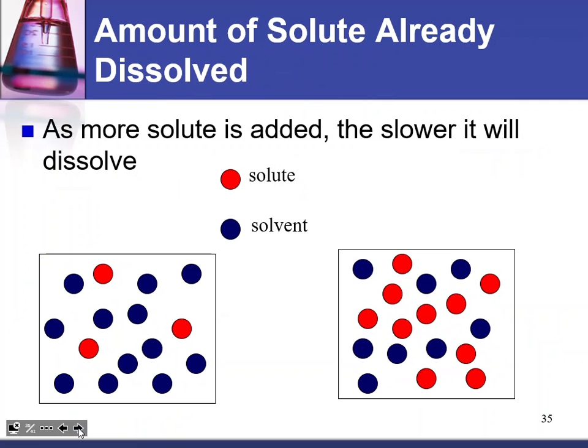And sometimes if I'm in a real pinch and I need it to go very fast, I might get out the hot plate and heat it up so it will go a little bit faster as well. Especially when you're making very high concentrated solutions. So as you can see, adding more solute, there isn't as much space for it, so it takes longer to dissolve.